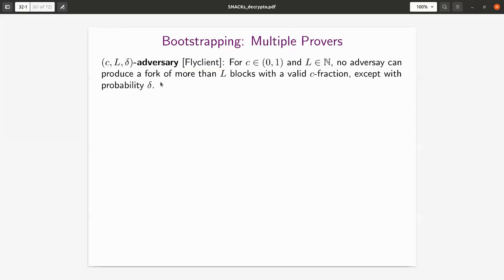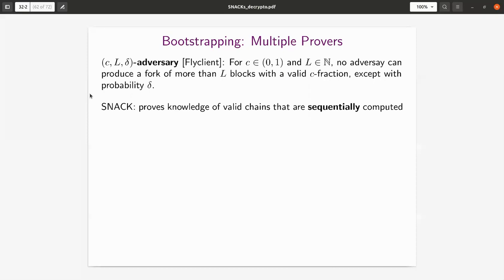It's called the (c, L) assumption, in which for some c between 0 and 1 and an integer L, the assumption is that no adversary can produce a fork of more than L blocks with a valid c fraction of them, except with probability delta. They don't relate it exactly to the security of the underlying blockchain, but there are some works that deal with this, and this is beyond our paper, but we use the same assumption.